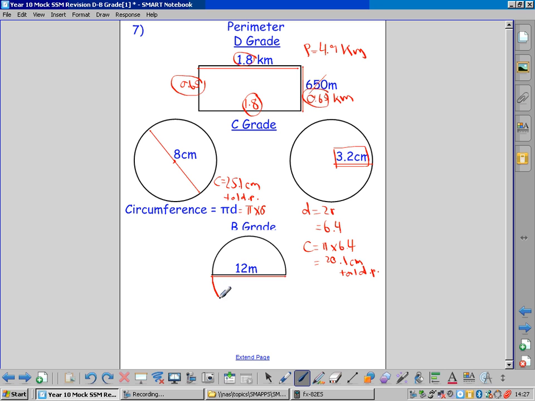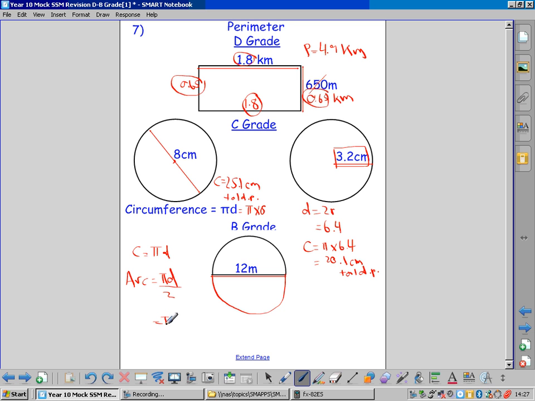So if we imagine a circle around here like that, we find the circumference of the whole circle, which is equal to pi times diameter. And then the arc is going to be half of that, because it's a semicircle, pi times diameter, and then at the end, divide by 2. So we'll find the whole circumference and we'll half it.